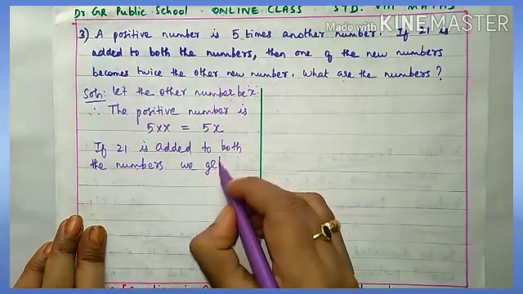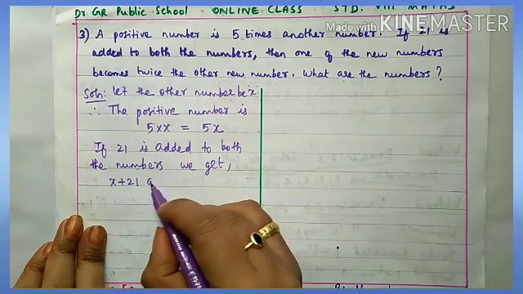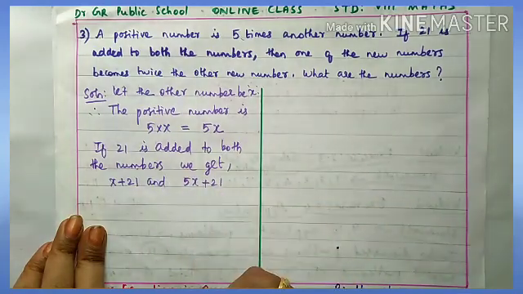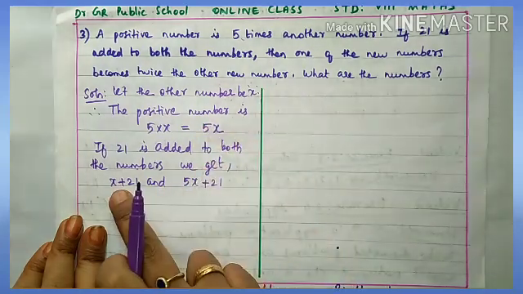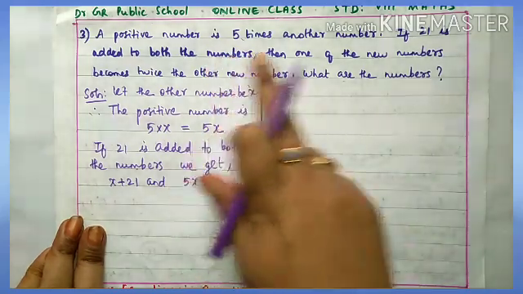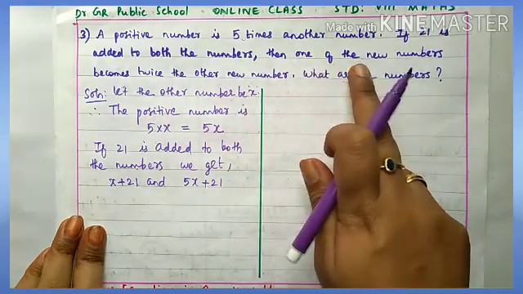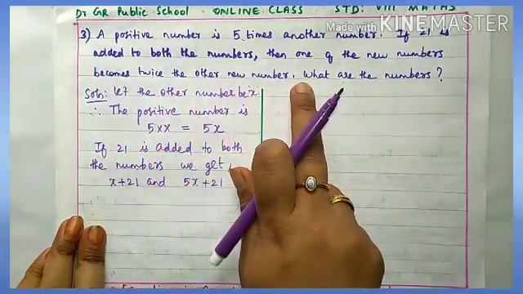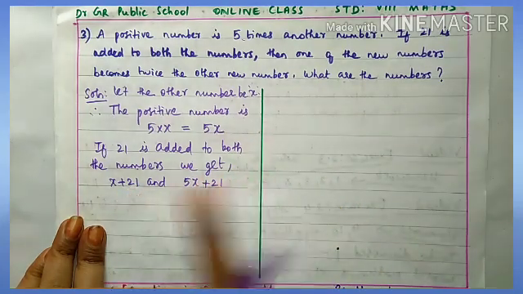We get x plus 21, correct, and 5x plus 21. Okay, we are adding 21 to both x and 5x. After adding, what happens? If 21 is added to both the numbers, then one of the new numbers becomes twice the other number. One of the new numbers means one number is double the other.